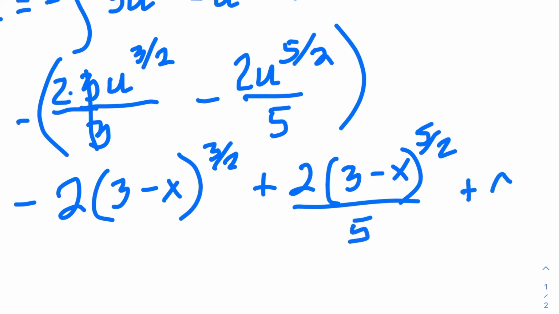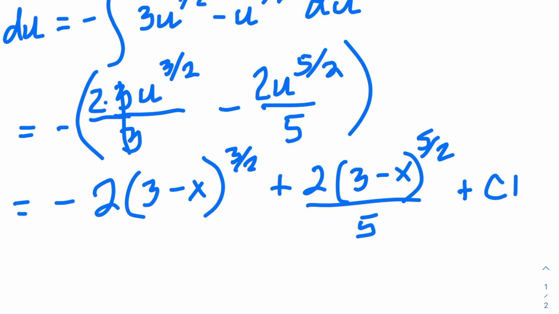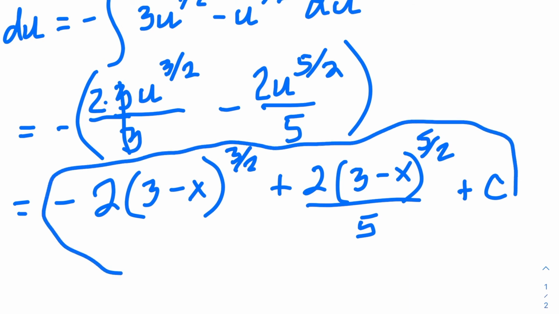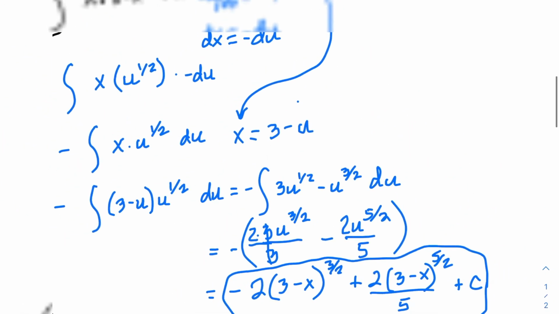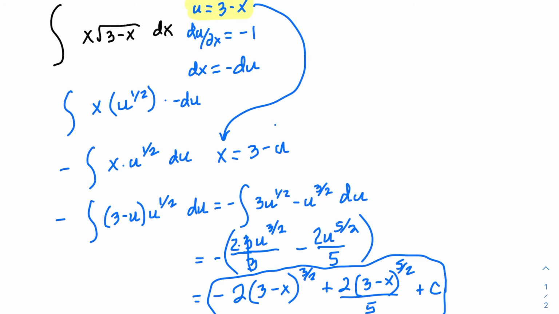And because it's an indefinite integral, we have to add our constant at the end. So this will be the final form of our indefinite integral for x times square root of 3 minus x using U substitution.